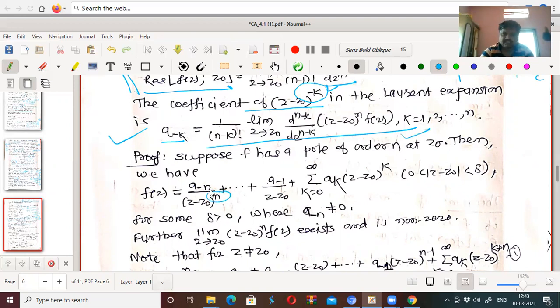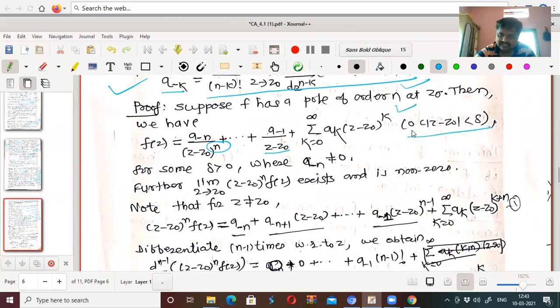So f of z can be written as a minus n upon z minus z0 to the power n plus up to plus a minus 1 upon z minus z0, that is, all these are the negative powers, plus the non-negative powers, the sum over k from 0 to infinity of a k times z minus z0 to the power k, in this annulus having center at z0, radius greater than 0 and less than delta for some delta greater than 0, where a minus n is not equal to 0.